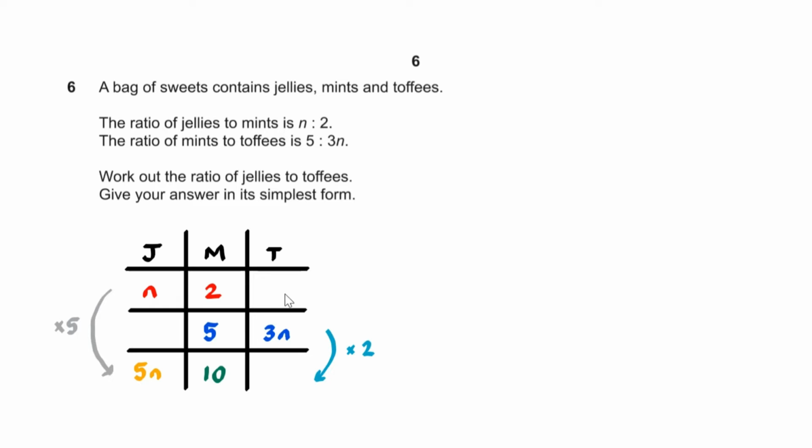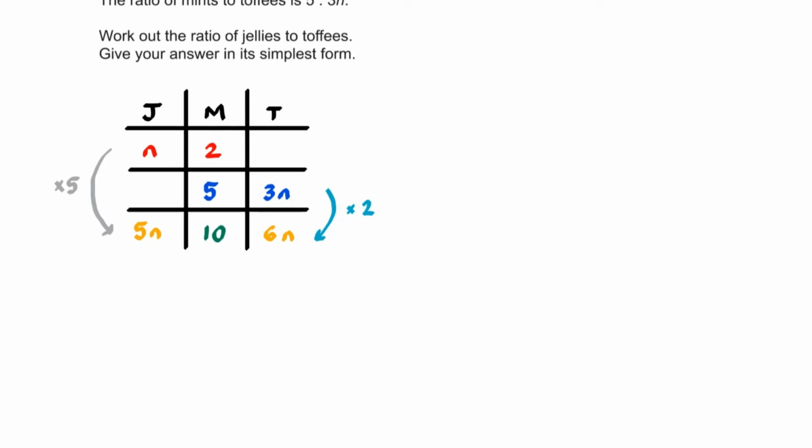And if I multiply 3n by 2, I get 6n. So that means that the ratio j to t is equal to 5n to 6n. We can simplify this ratio by dividing through by n, leaving us with 5 to 6.